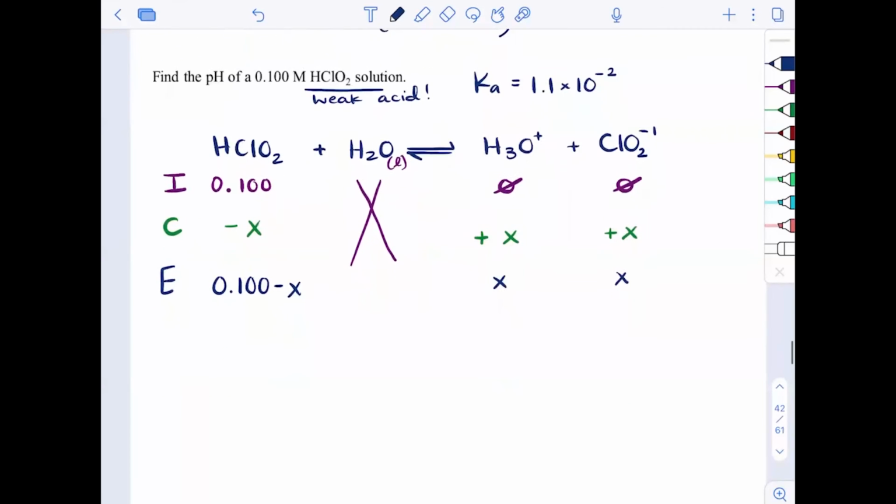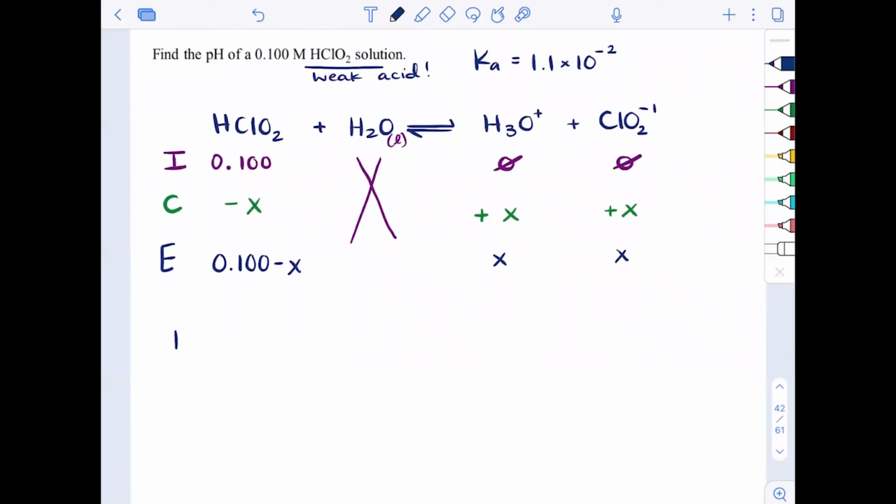Now we can go ahead and plug these into our Ka. 1.1 times 10 to the negative 2 is equal to the hydronium concentration times ClO2 minus 1, excuse me, divided by HClO2. Now remember, water is not present because water is a pure liquid, so the Ka only includes aqueous things.